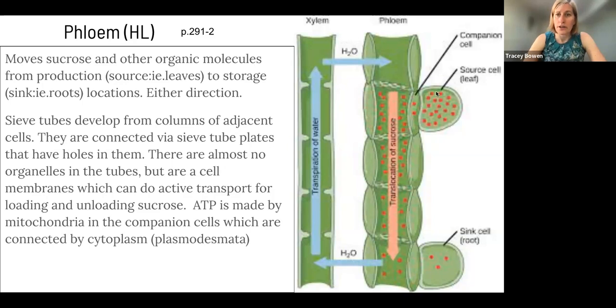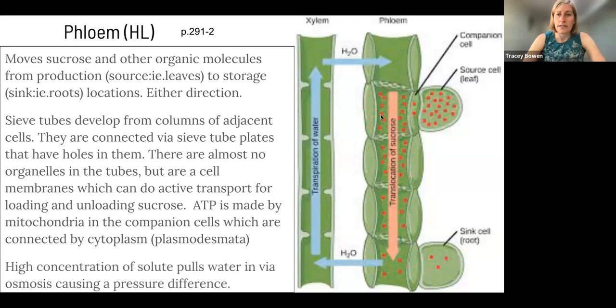And so they're going to work with these other cells called companion cells, and the companion cells are going to pump the sucrose into the phloem via the membrane. ATP is made by mitochondria in the companion cells, and they are connected to the phloem cells via plasmodesmata, which are a type of cytoplasmic connection.